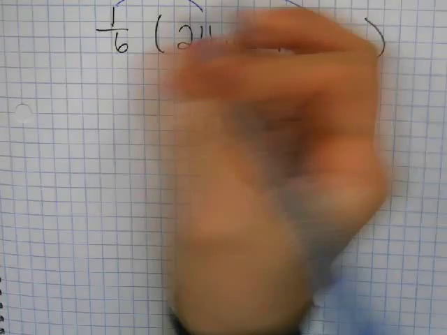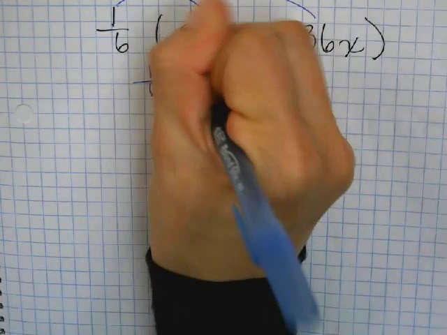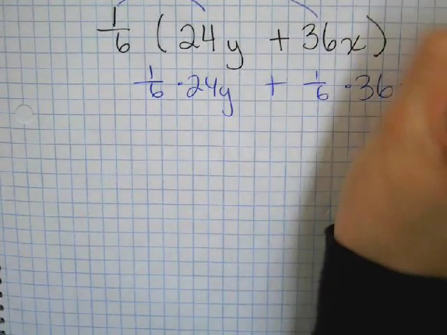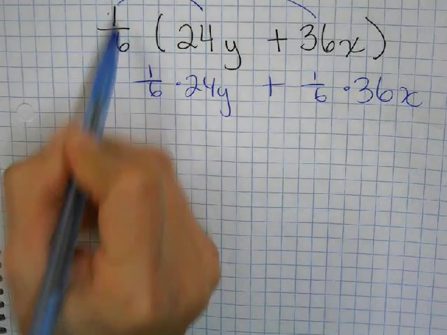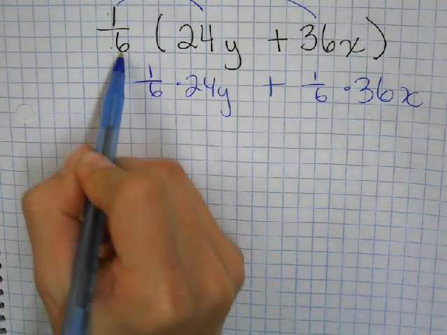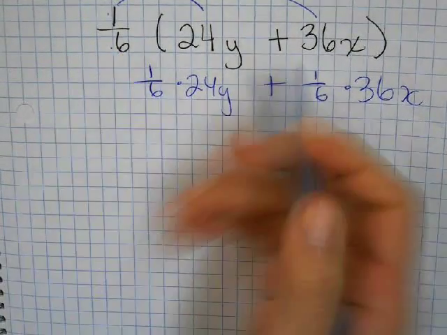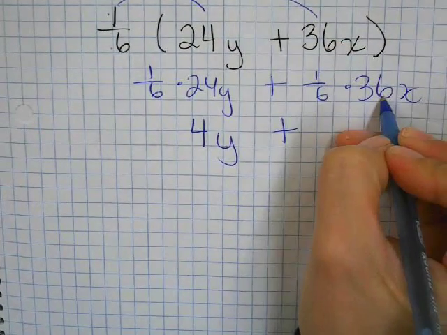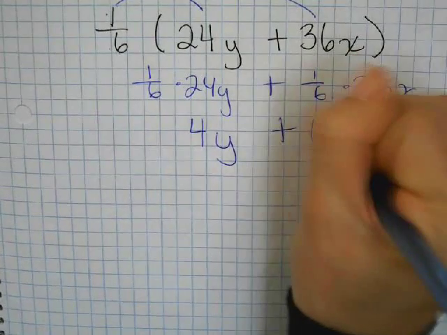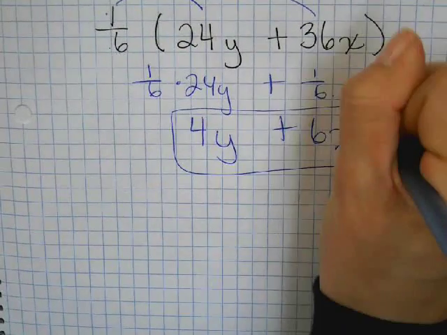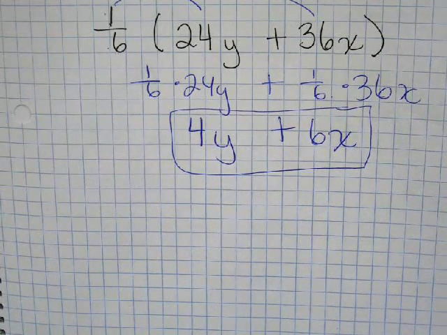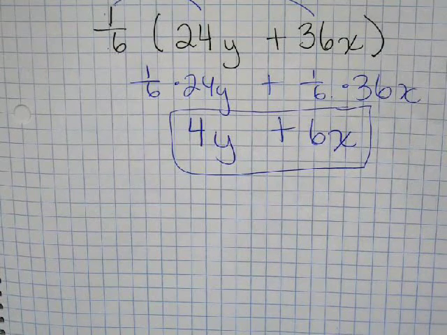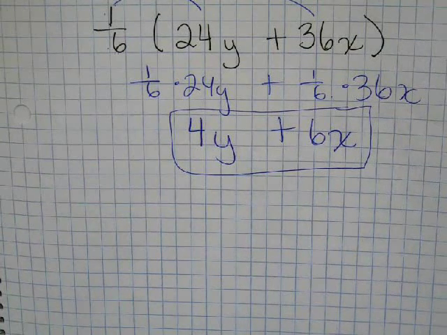Good. So when you're distributing this, 1/6 times 24y plus 1/6 times 36x. When you have a numerator of 1 and a denominator of 6, all you have to do is divide by 6. Alright? So this would be 4y plus, what's 36 divided by 6? 6x. Good? Alright.